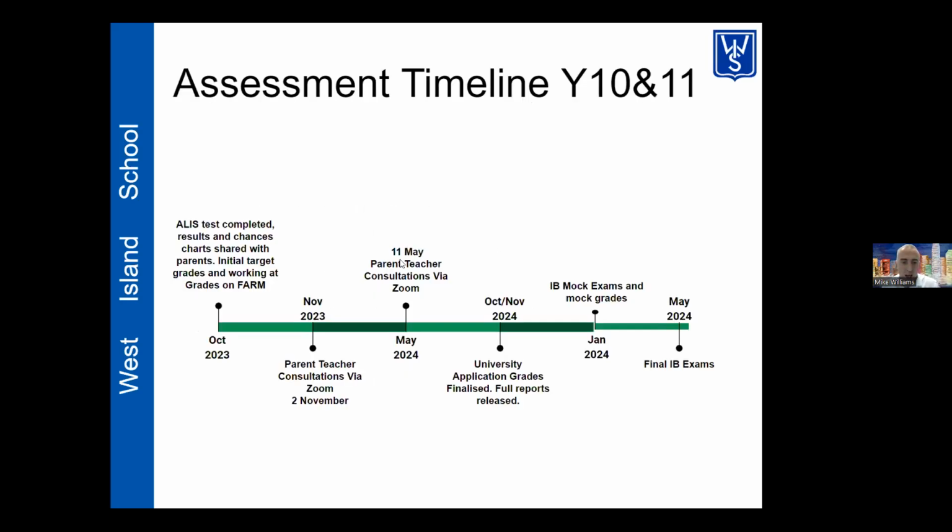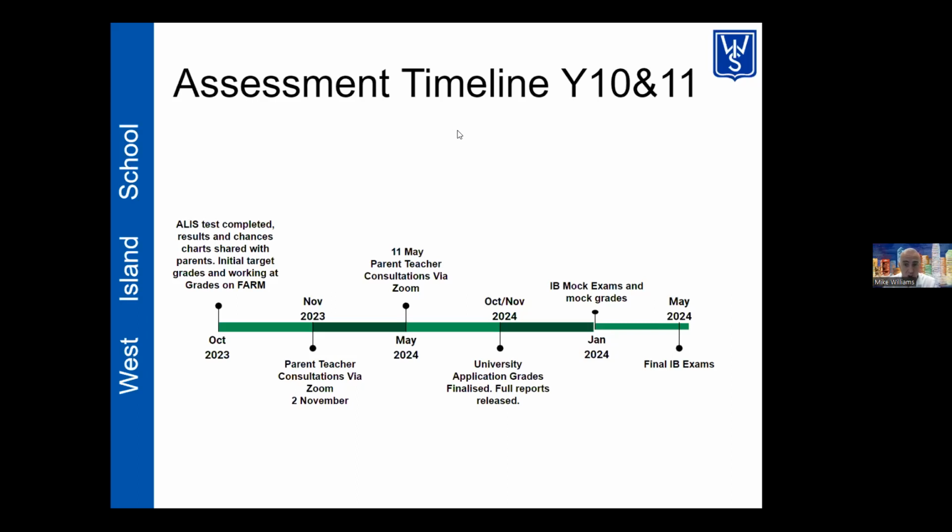So there's a bit of a timeline for Year 12 and 13, just for grading and parents' evenings. Now, in October, the ALICE test is completed, and most, if not all, students now have their baseline data. They will start doing their target grades. In fact, most students should have done their target grades by now.